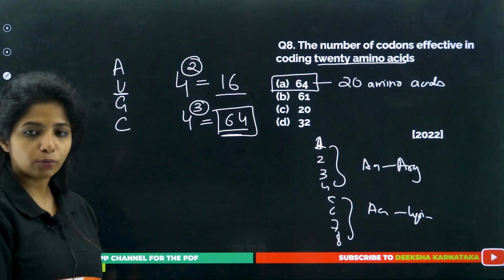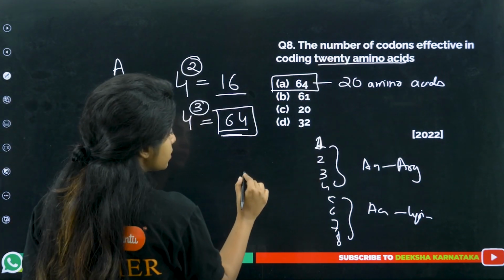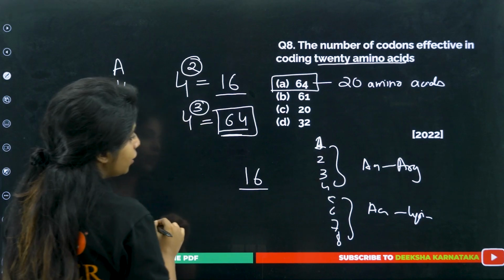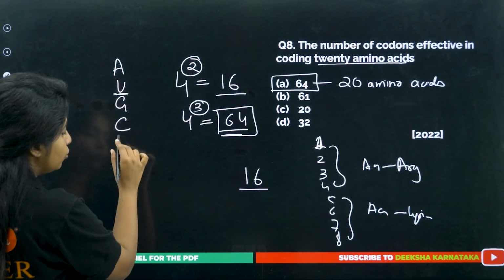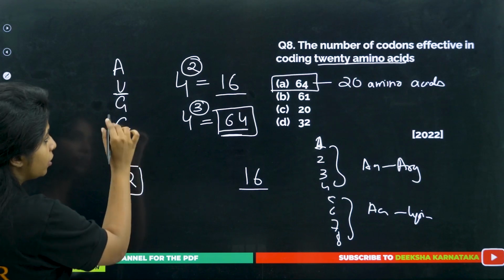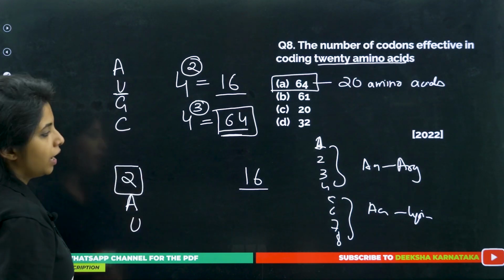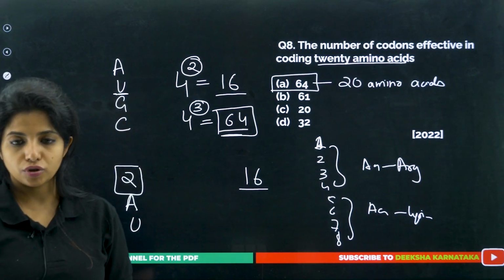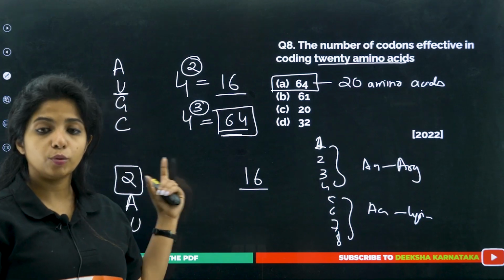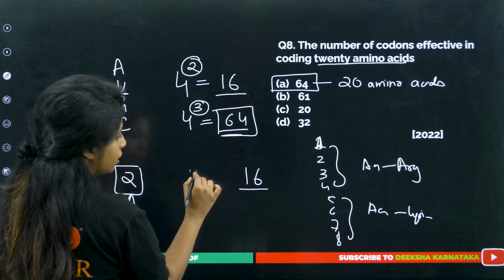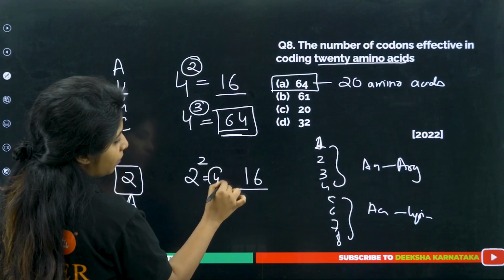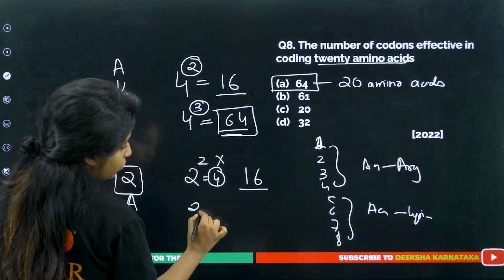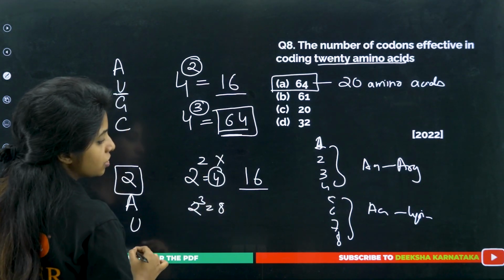Cool. Now suppose they ask you to make 16 amino acids, and you have only 2 nucleotides, just A and U. How can you make 16? If 2 nucleotides come in pairs of 2, it will be just 4. If they come in threes, it will make just 8.